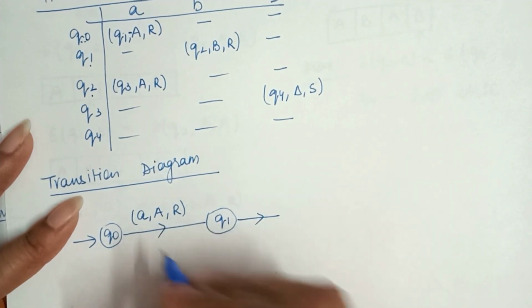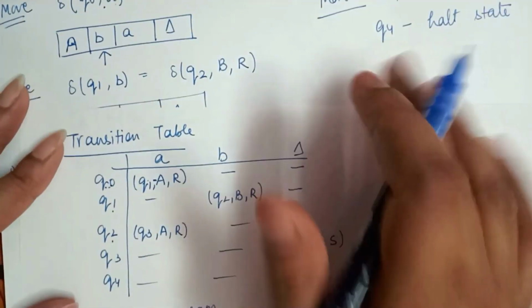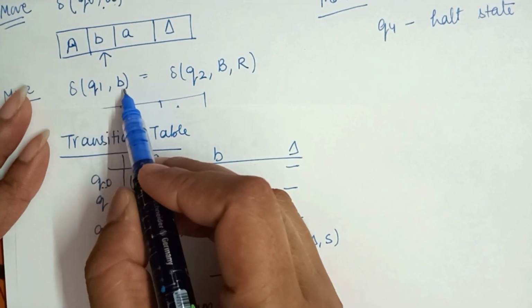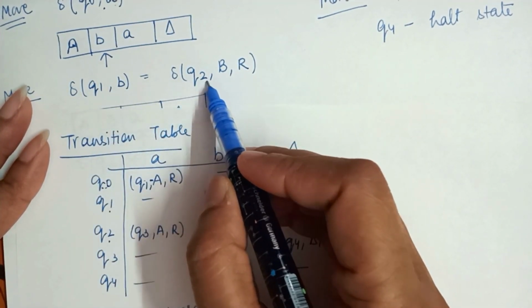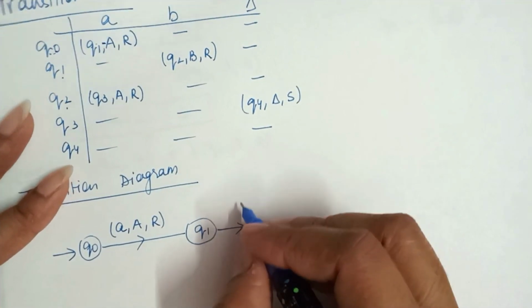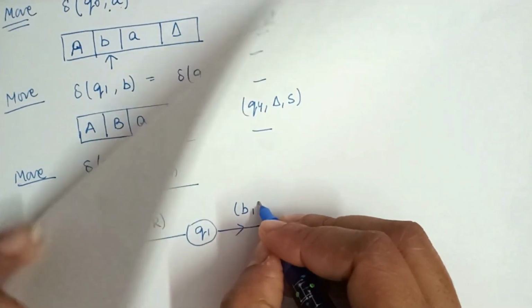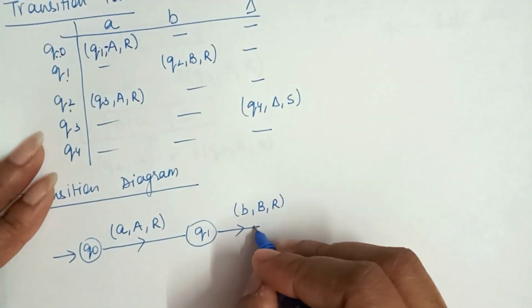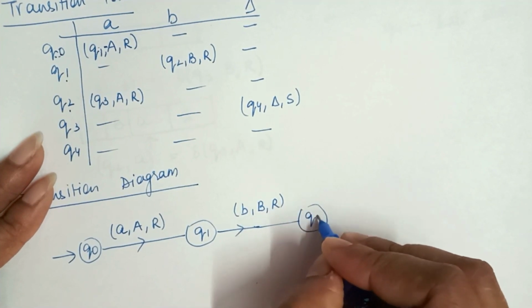The next movement is on Q1 with b input, it moves to Q2 with B and R. So we take small b, capital B, and R, and it moves to the Q2 state.